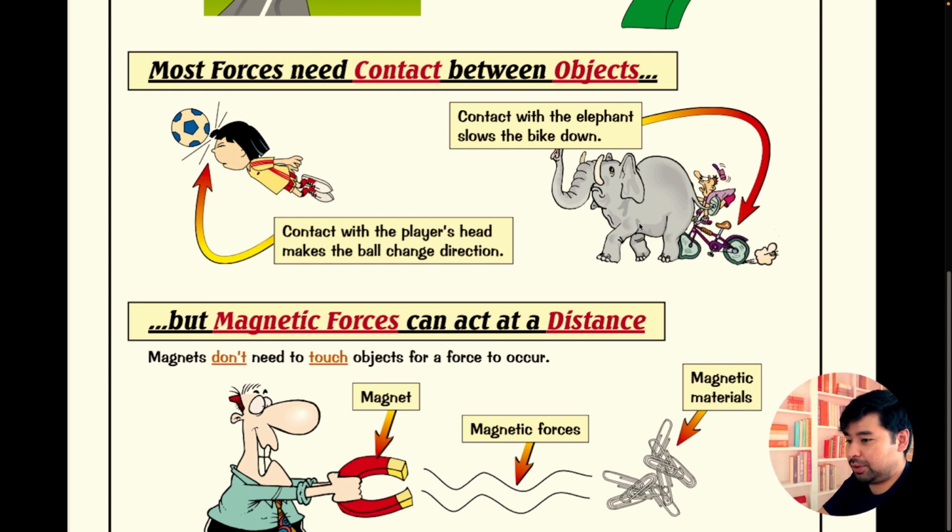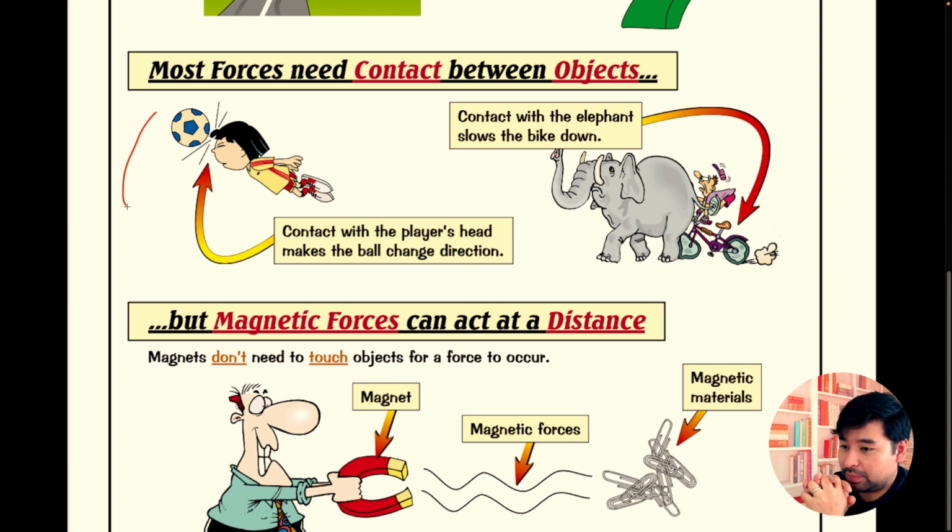And we have 2 pictures here. So let's analyze this first one here. It's like a boy or girl hitting the ball, right? So contact with the player's head makes the ball change direction because the player's head put force on the ball and then changed the direction where the ball was going, right?